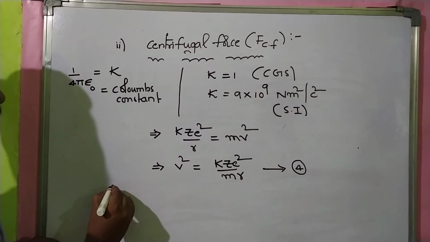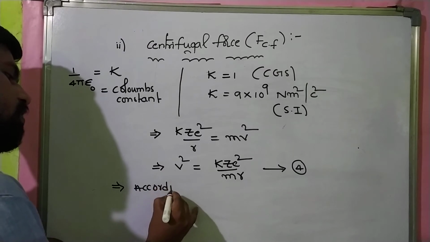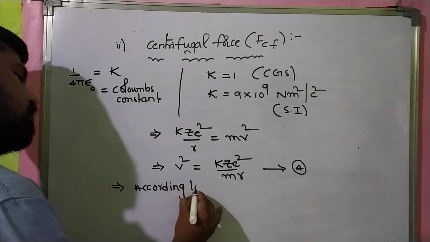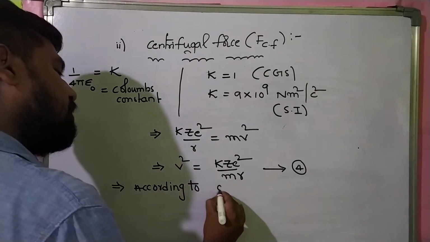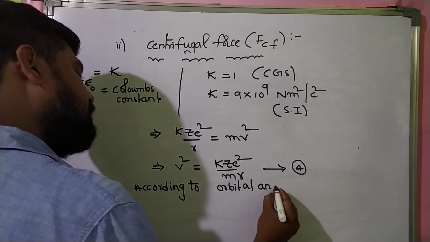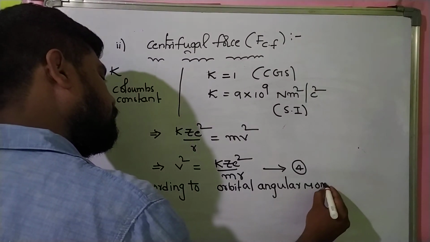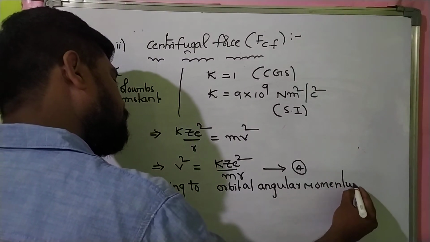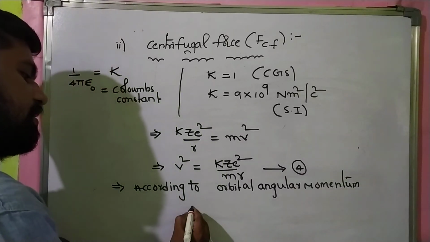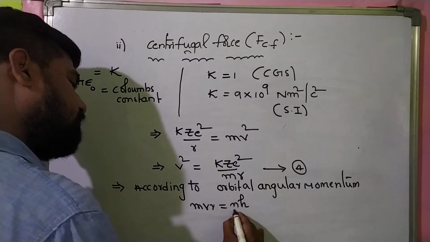Now according to Bohr's model, according to orbital angular momentum, mvr equals nh by 2 pi.